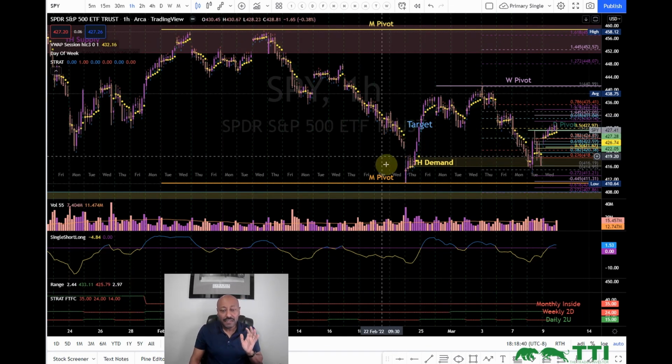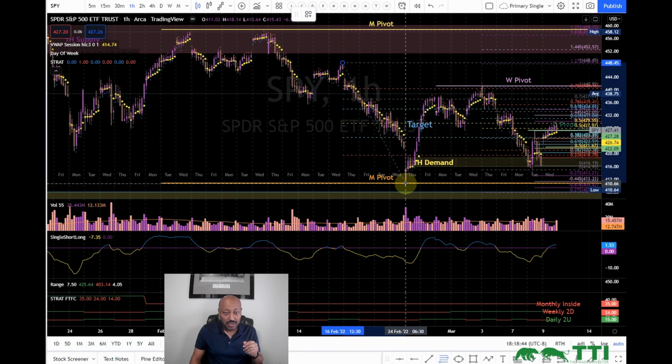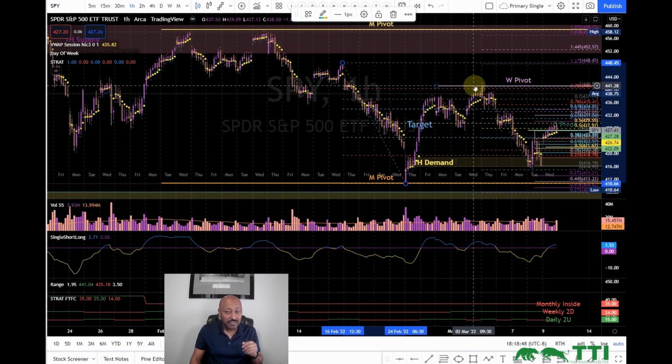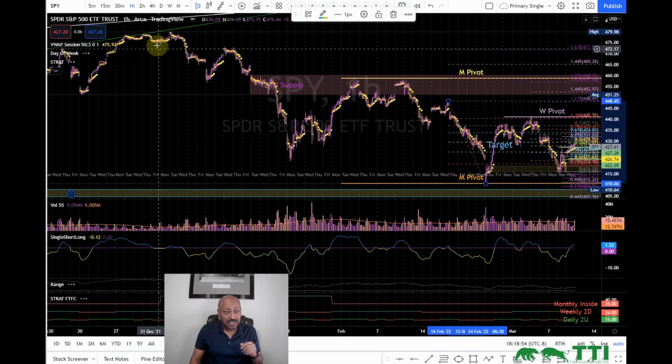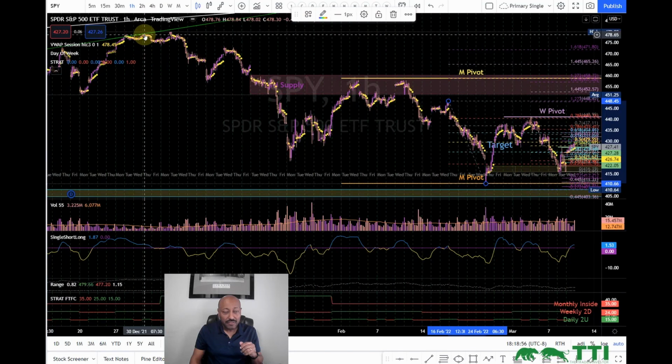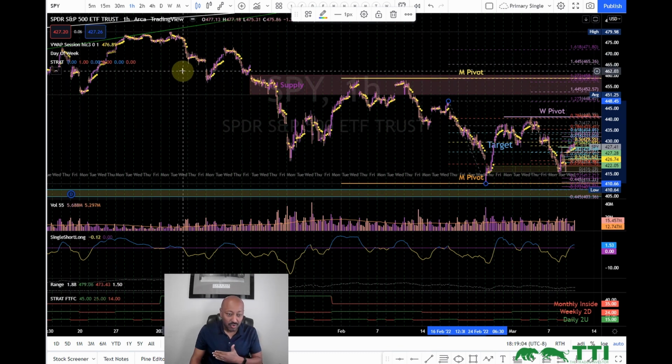So in that context, when we draw our Fibonacci retracement, we have seen that the 78.6 retracement was rejected. This downward pressure started a while ago, right at the end of December, and just keeps going down.